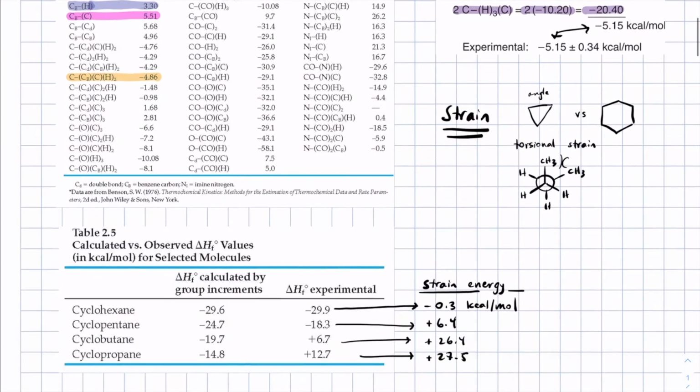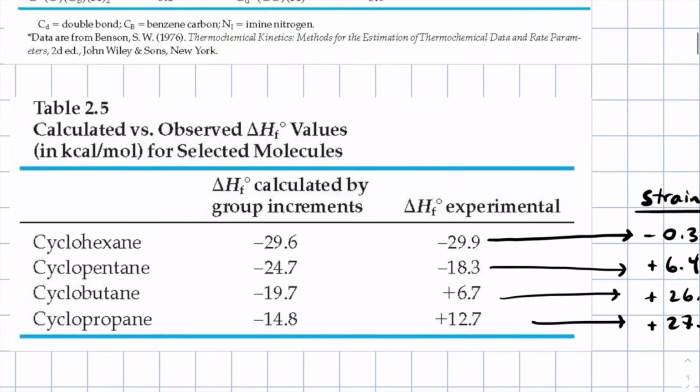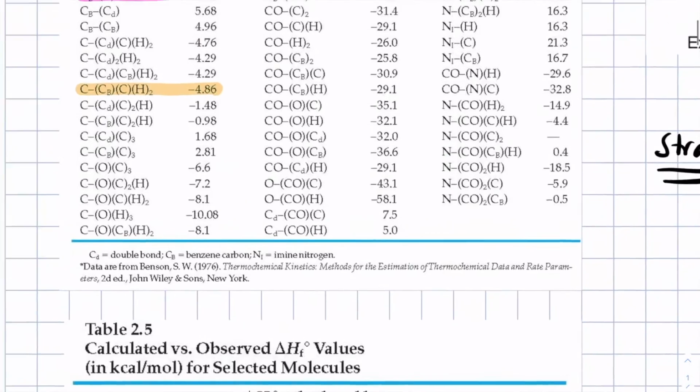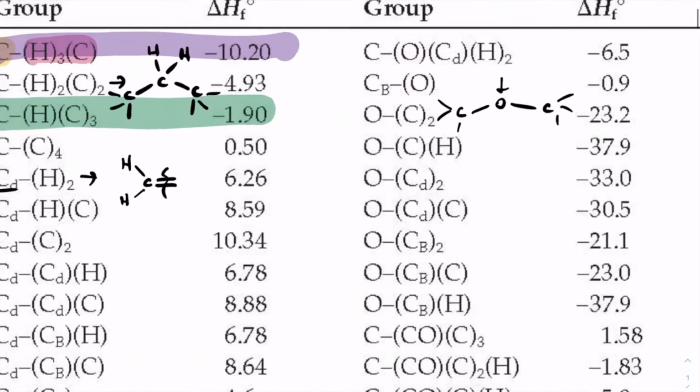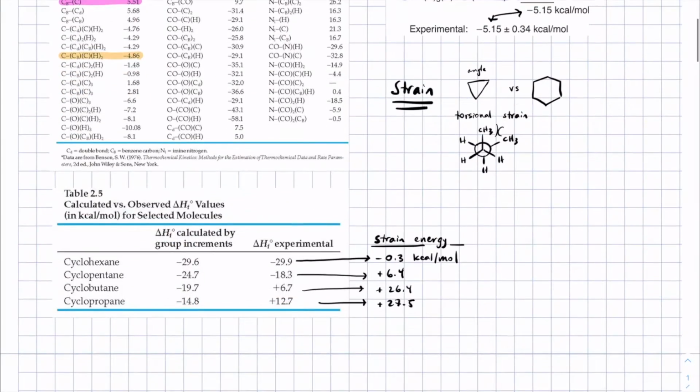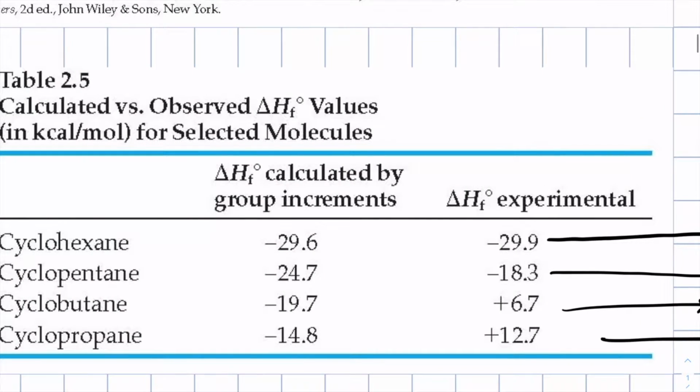A great example of strain is comparing the heats of formation calculated by group increments for cyclohexane versus cyclopentane versus cyclobutane, cyclopropane, versus what you see experimentally. If we go up to our table, the methylene group contributes minus 4.93. All right, so we would expect for cyclohexane 6 times minus 4.93.